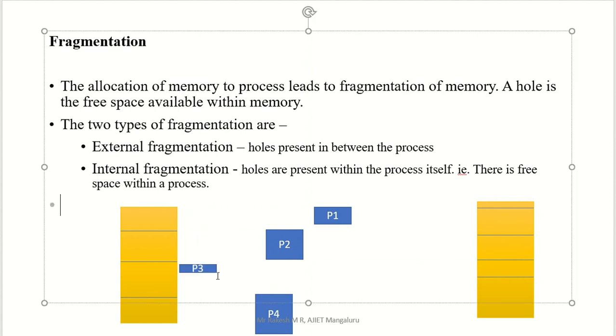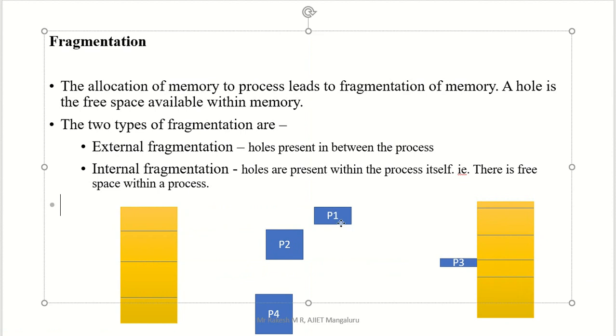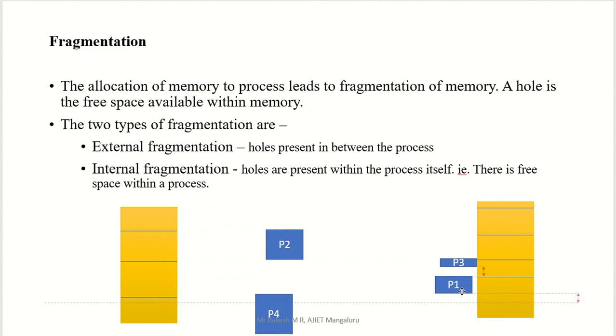If you load your process here and P1 is loaded in another block, you can see here we have wasted space, right? For this particular block, that is called internal fragmentation.